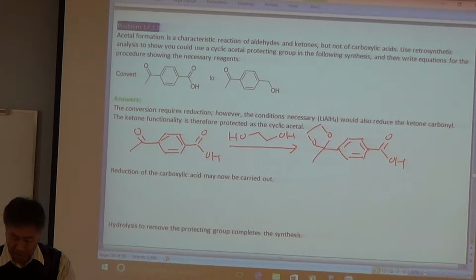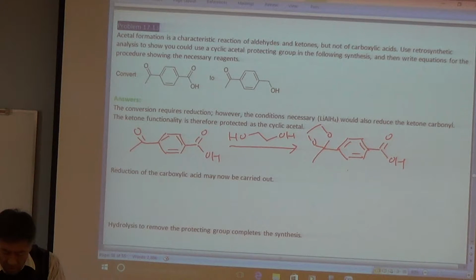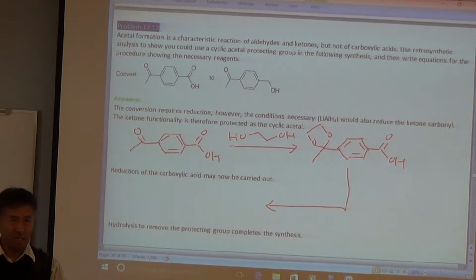Right, so next, you can reduce. What do we use to reduce an acid into a primary alcohol? Not too much choice.